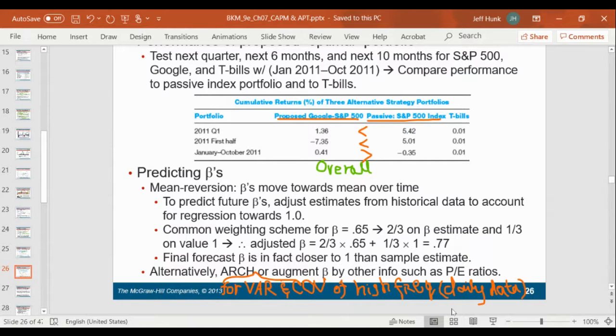But normally, making adjustment using the weight like this is already, we do that because we know that the future beta will be different from the beta we calculate from historical data.